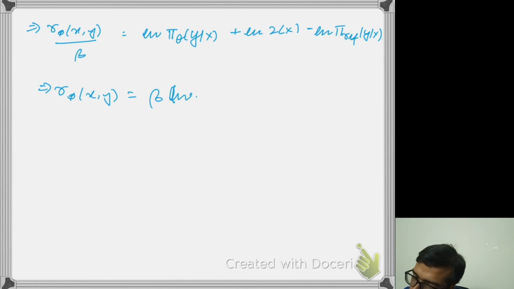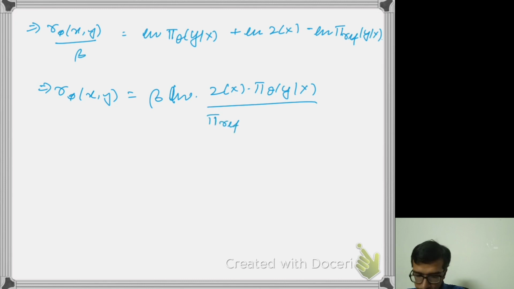So I can solve for r phi xy as beta times log of zx times pi theta y given x over pi ref y given x. Right?